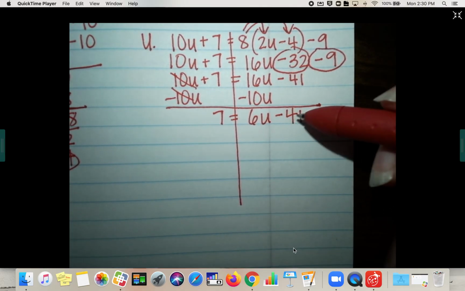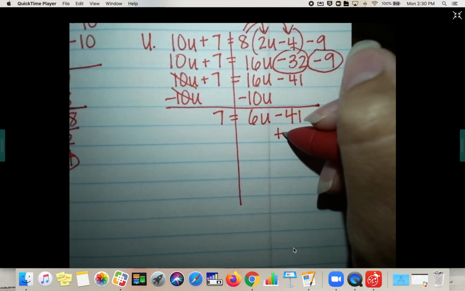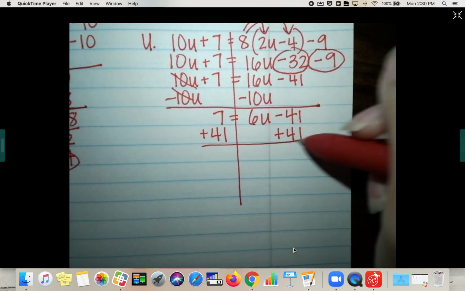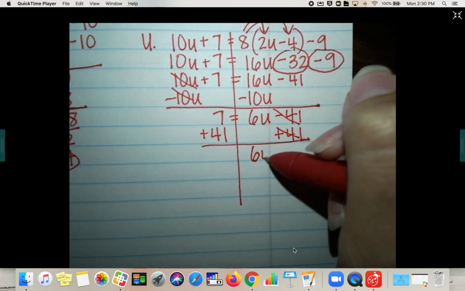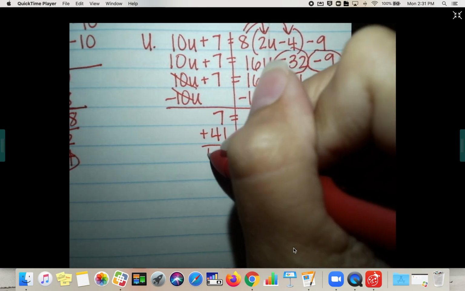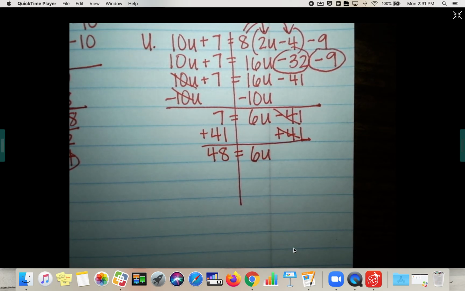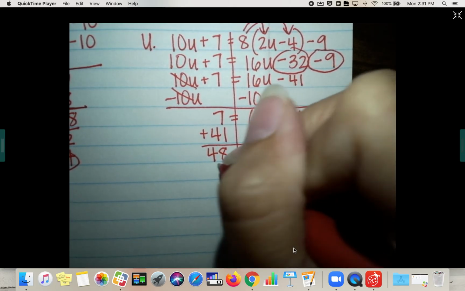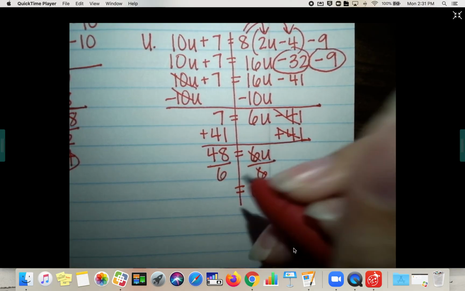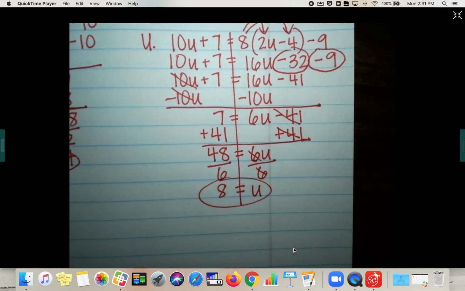Next, we got to get rid of this minus 41 by doing plus 41. 6U equals 48. Divide both sides by 6. U equals 8, right? Talking to myself here, thinking you guys can reply to me.